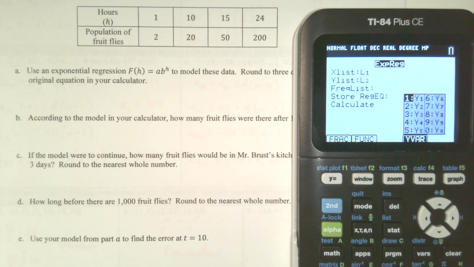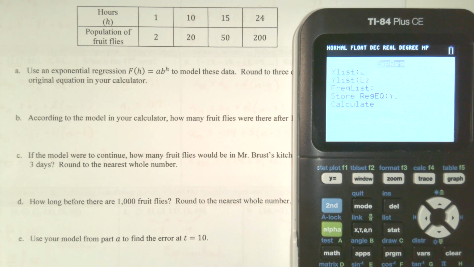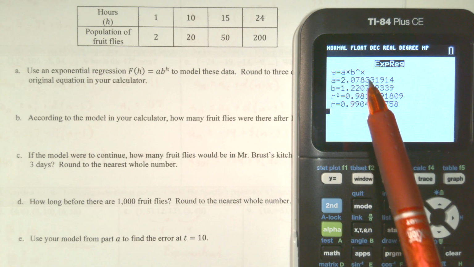Now you can store it for any of your variables, but usually you're only working with one equation at a time, or one function at a time, so storing it as y1 is usually the way to go. After we hit calculate, this is going to give us our function in the form of a times b to the power of x.